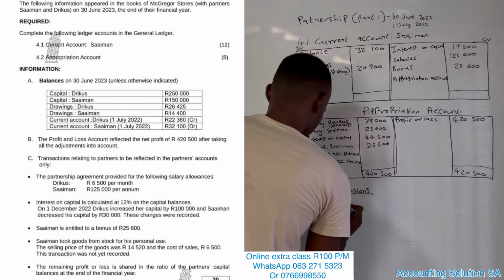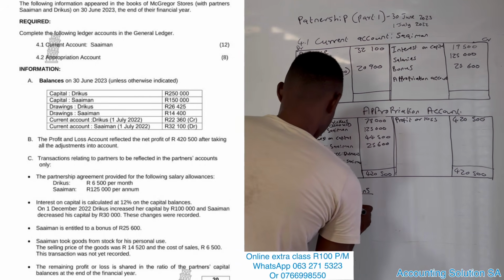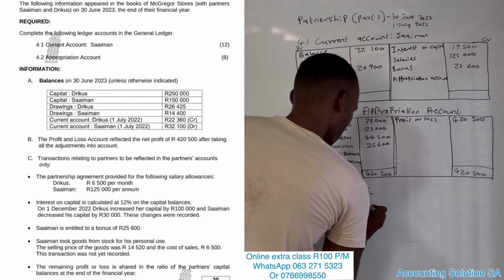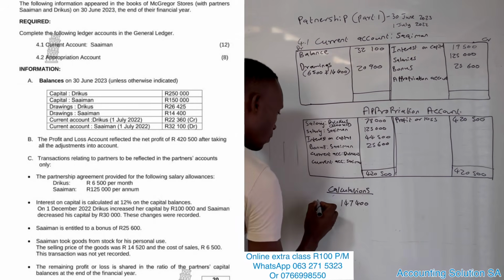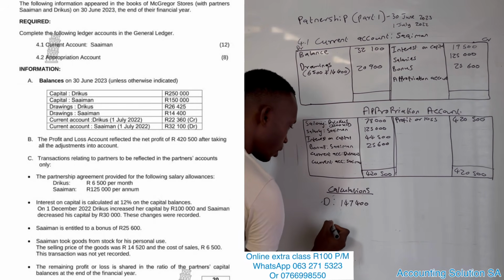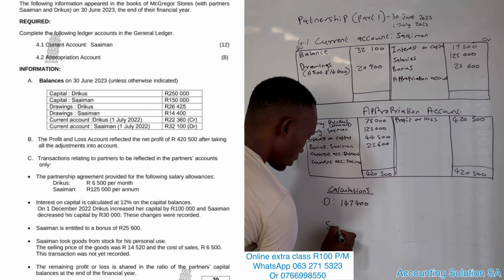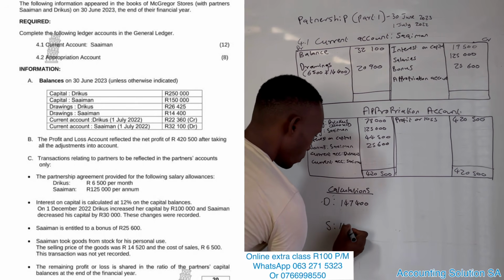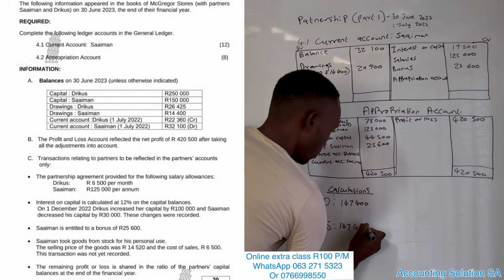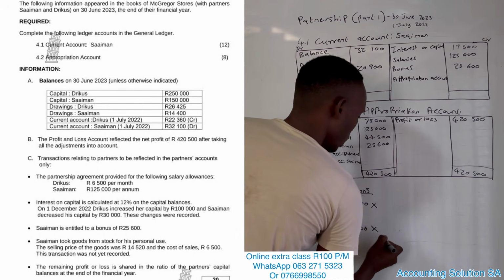We're going to be left with 147,400. Okay, we have to allocate for Drinkers and for Simon the same amount, 147,400. But we need to multiply and see who is going to get how much.